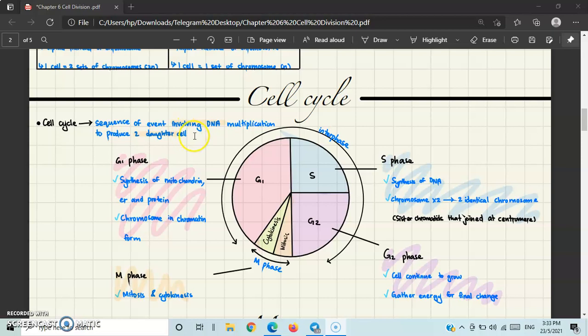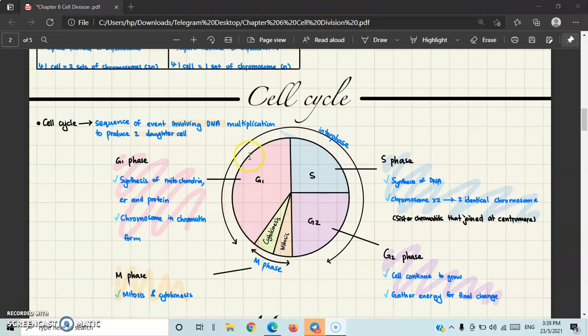So at the end of the cell cycle, it will produce two daughter cells. In the cell cycle, there are two main stages, which are interphase and M phase.